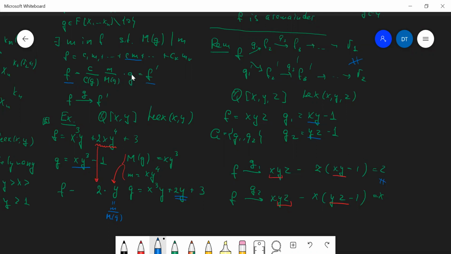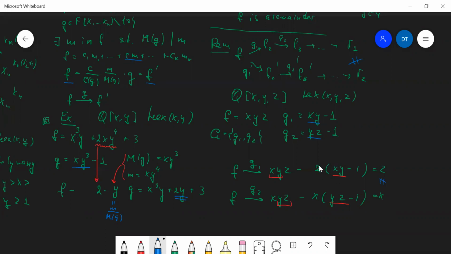Then we multiply our polynomial g by a coefficient and a monomial in such a way that the leading monomial of the product coincides with m, and the leading coefficient of the product coincides with c.